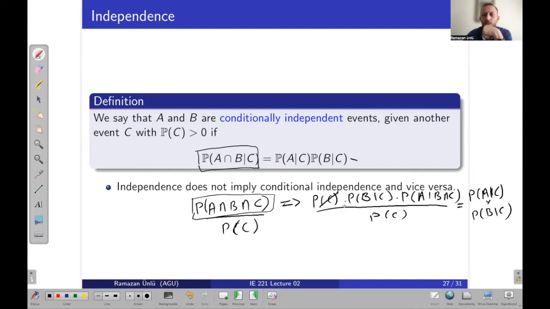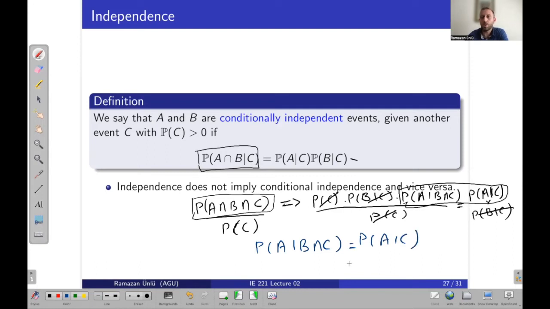So the common factors are eliminated, and we just remain with this part. This is actually the probability of A given B intersect C is equal to the probability of A given C. So how can we interpret this one?